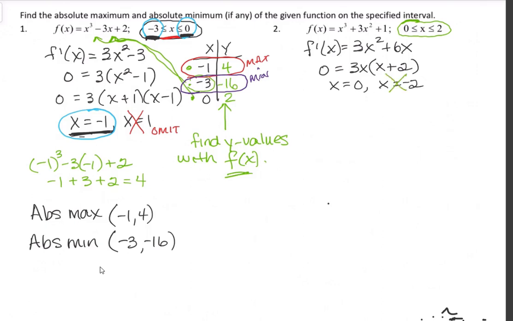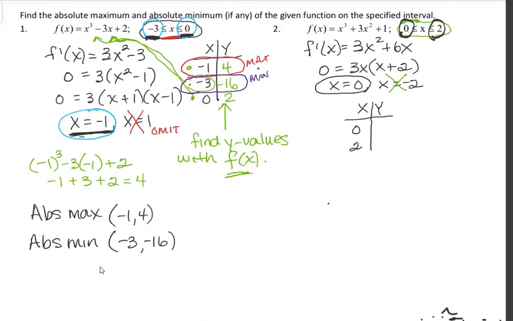So for my XY chart, the only value left is x equal to 0. So 0 goes in my chart, and my endpoints. My endpoints are 0, which I already have in my chart, and 2. So my 2 will go in my chart. And now I want to find the y values.